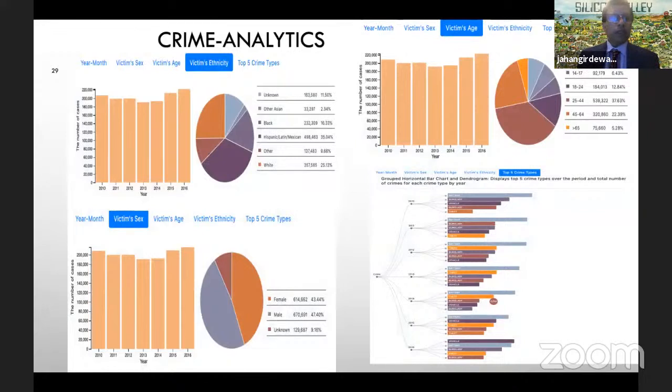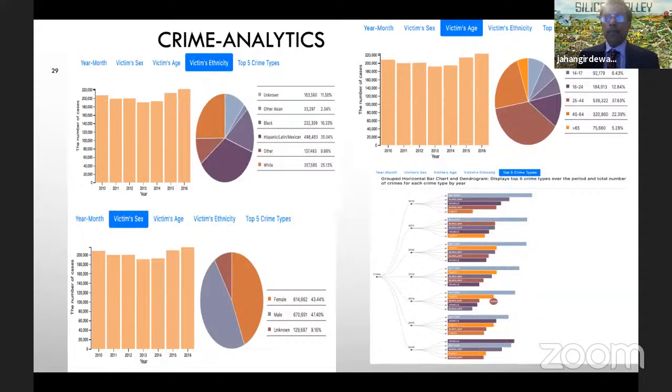In terms of sex, male victims are close to female victims almost. And on the right-hand side on the top, the people with age 25 to 44 are much more victims than the other ones.